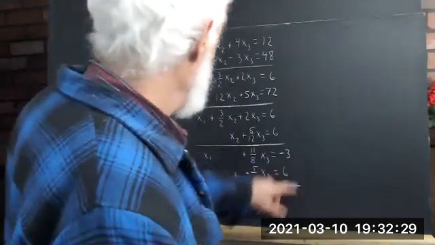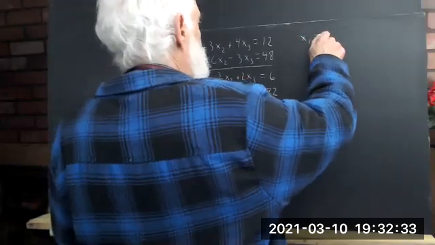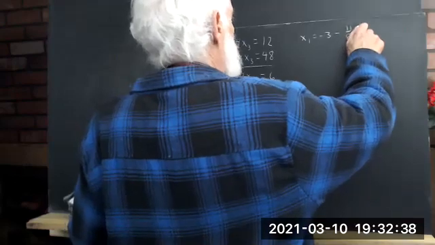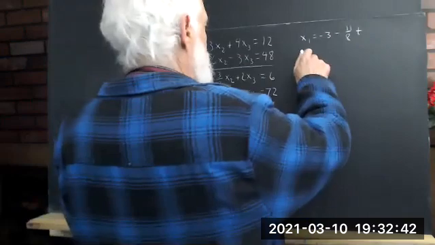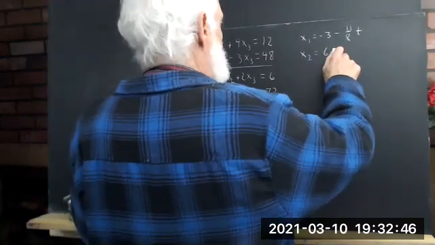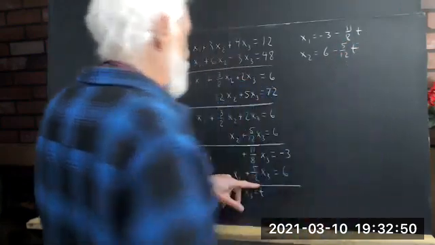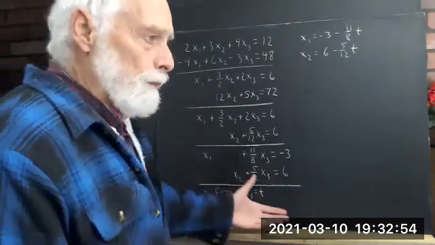Then this equation becomes x1 equals -3 minus 11/8 of x3, that is, 11/8 t. And this one becomes x2 equals 6 minus 5/12 x3, or 5/12 t. Okay.